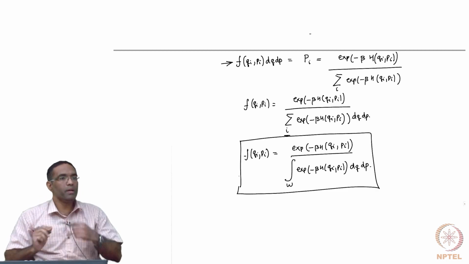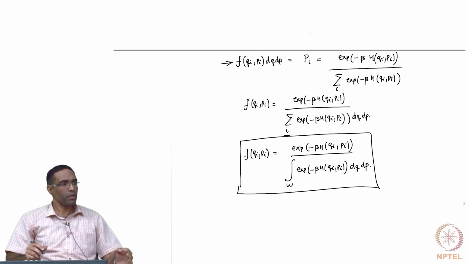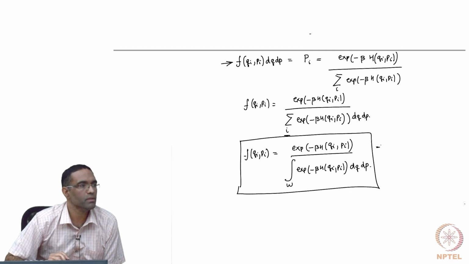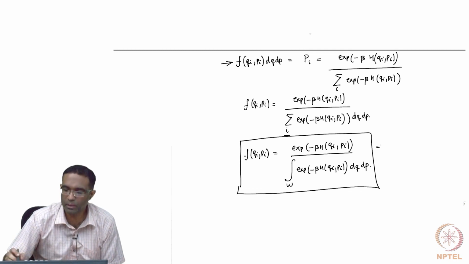So this is a probability density, meaning a probability per unit volume that you can actually find a point qi, pi, and it depends on what?